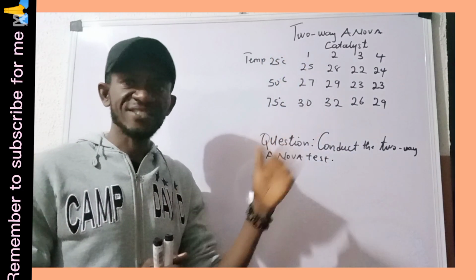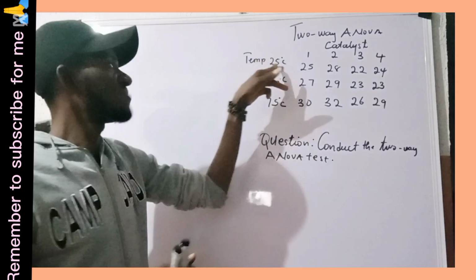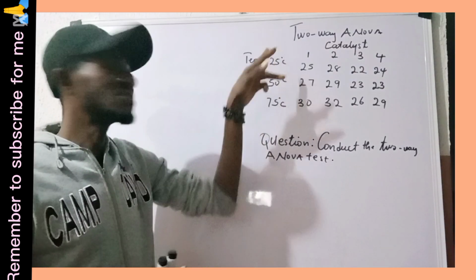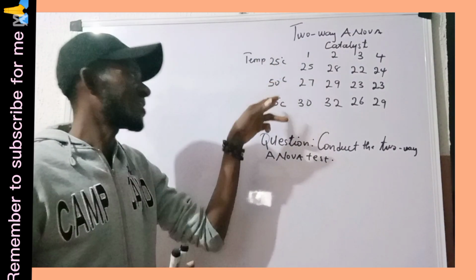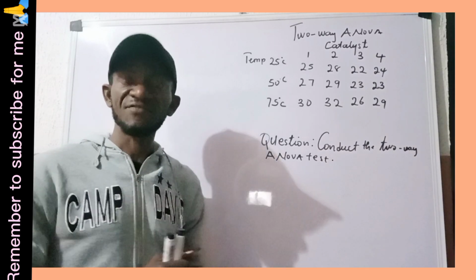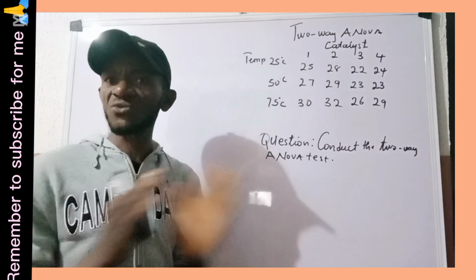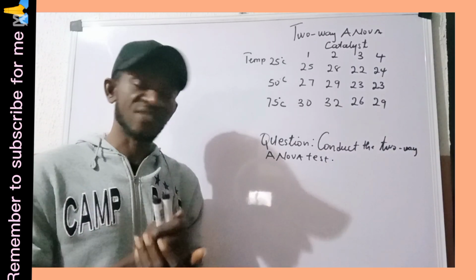In that case, you are saying that the mean at 25 is the same as the mean at 50, and is the same as the mean at 75 degrees Celsius. That is what the null hypothesis is trying to say.